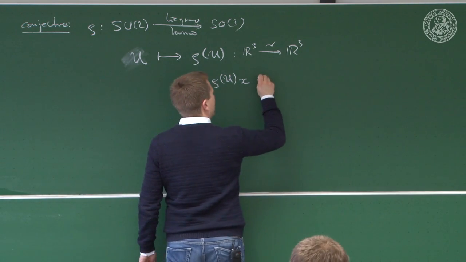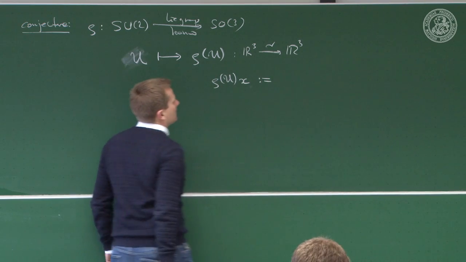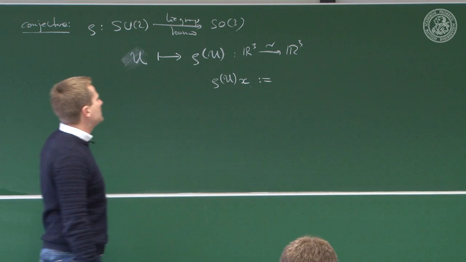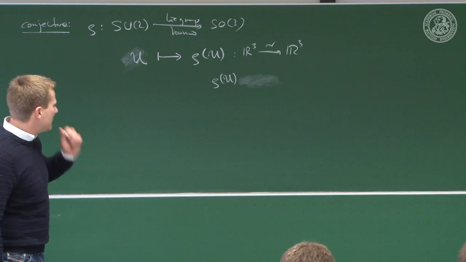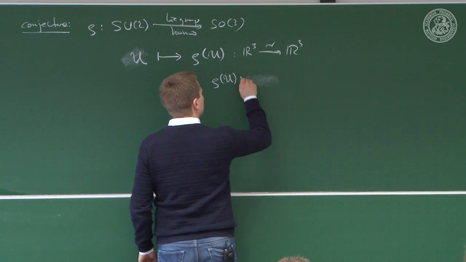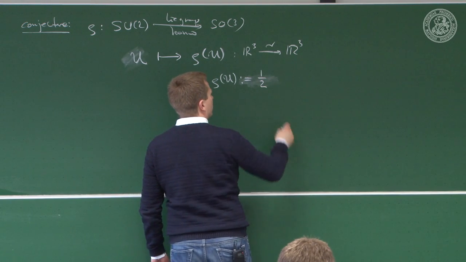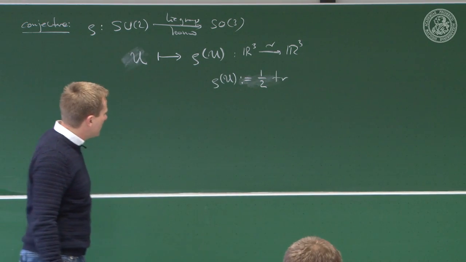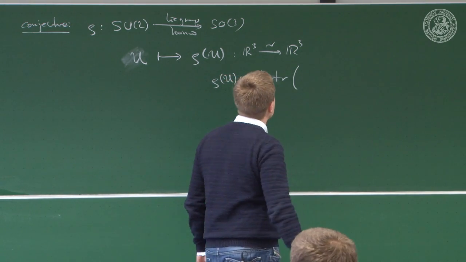And I define the map if I define it for all x in R3. No, I can do this better. I can do it without the x. I define the U to be, now I'm no doubt inspired by the constructions from before, trying this a little, you use 1/2 trace.